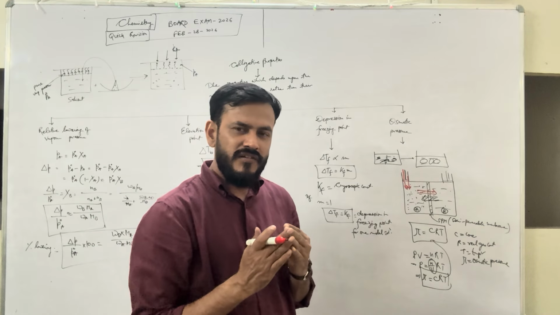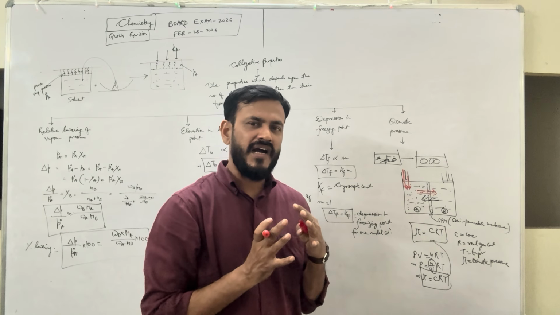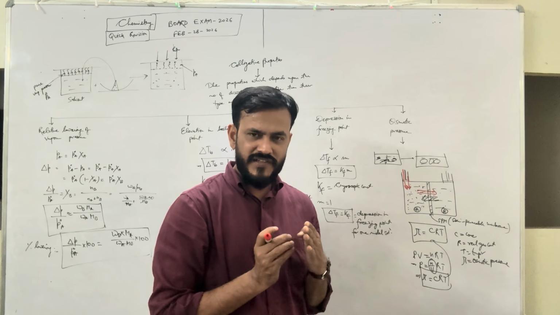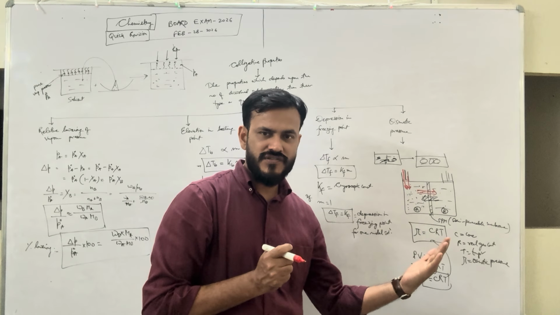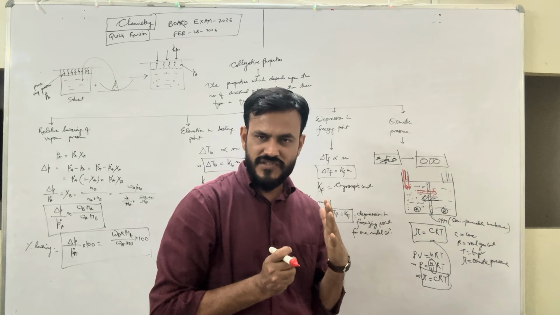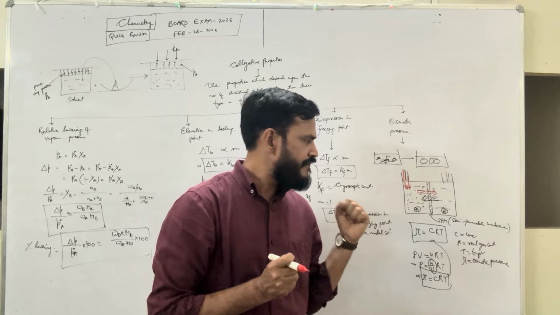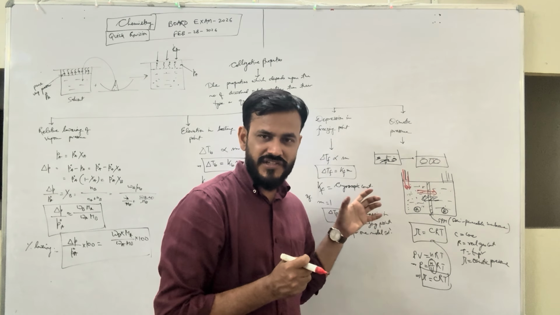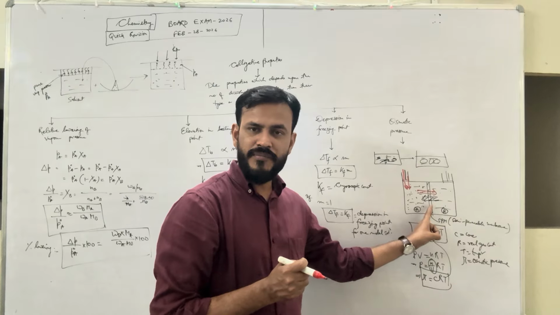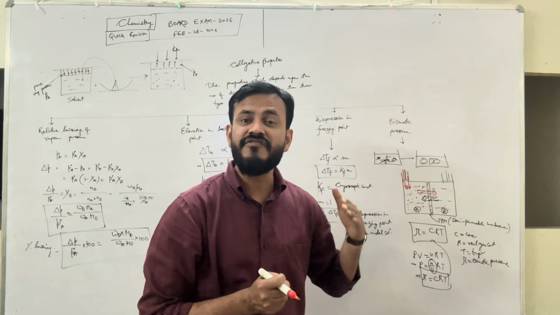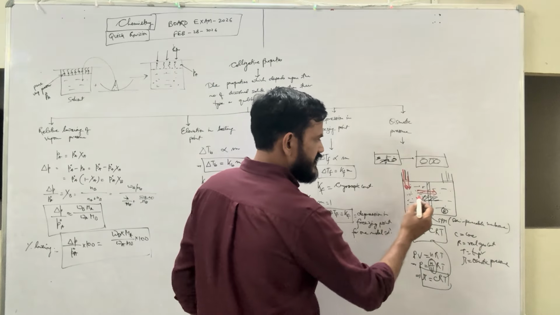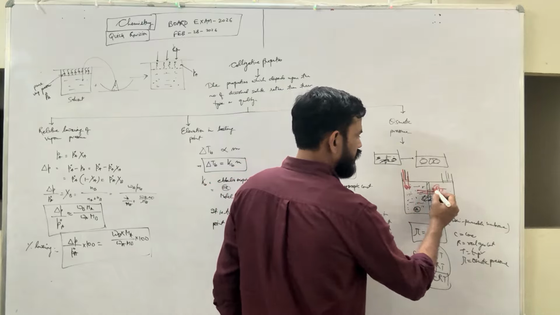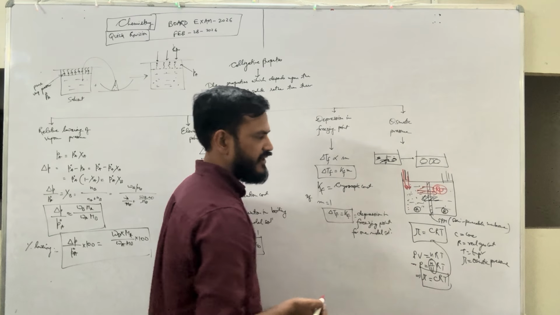When solvent flows from low concentration of solvent to the higher concentration by application of external pressure through the semi-permeable membrane, this phenomenon is known as reverse osmosis. So this is RO, that is reverse osmosis taking place.